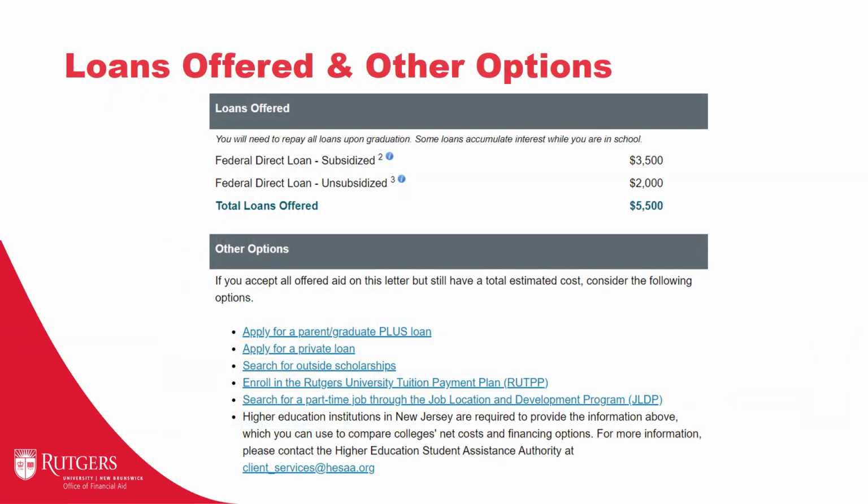Okay, so the other section of the award letter, we go down to the loans. And so you will see automatically a student is packaged the federal subsidized and unsubsidized loans. These are automatic loans that the students are packaged. It does not mean that the student has to take these loans.